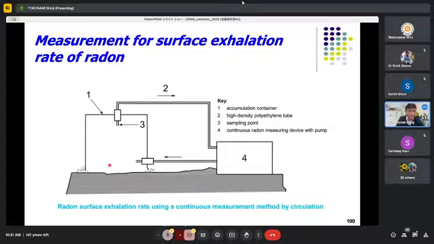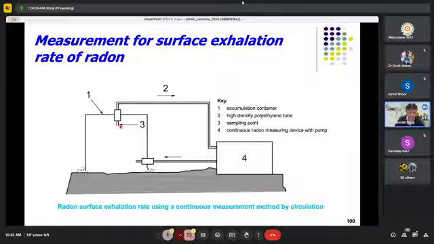Here's the application. This figure shows the radon surface acceleration rate using a continuous measurement method by circulation. This is an accumulation container and high density polyethylene tube.